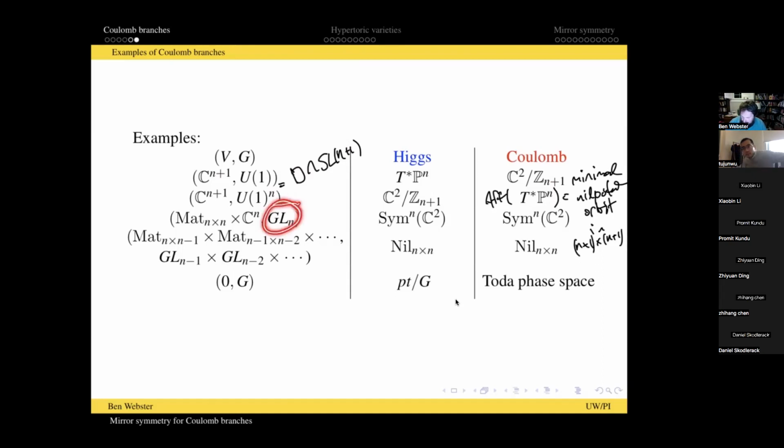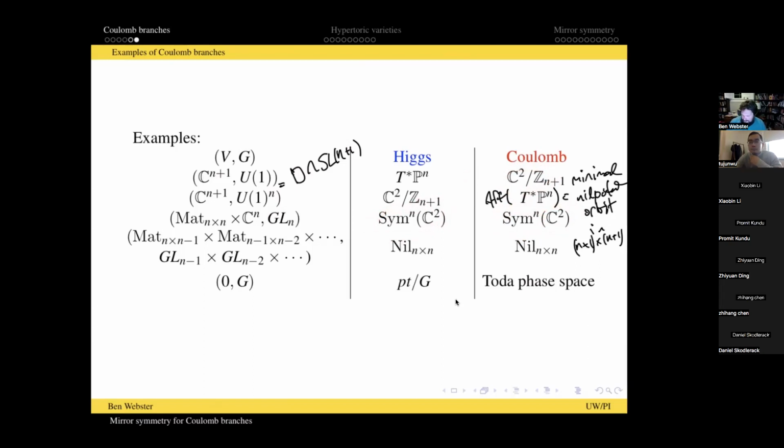And a few other interesting examples. If I let GLN act on matrices by conjugation and on vectors by left multiplication, then what I get is the symmetric powers of C2, and more generally, I can get symmetric powers of C2 mod a cyclic group.